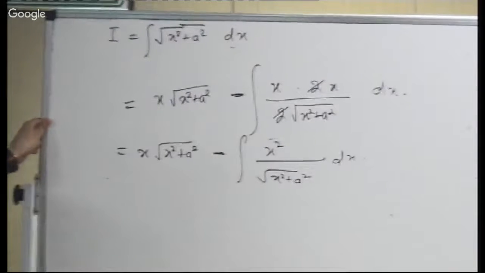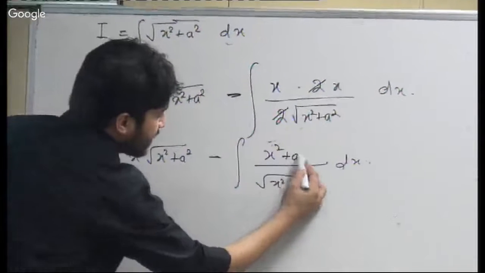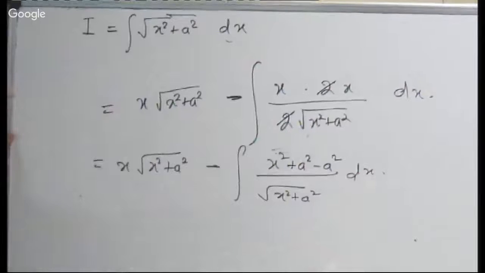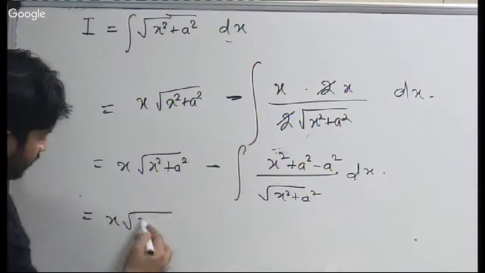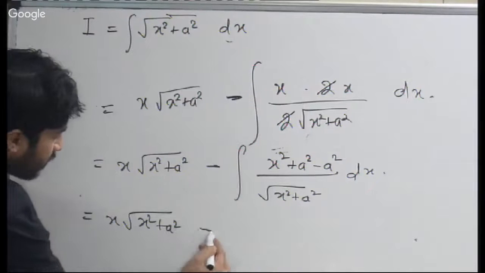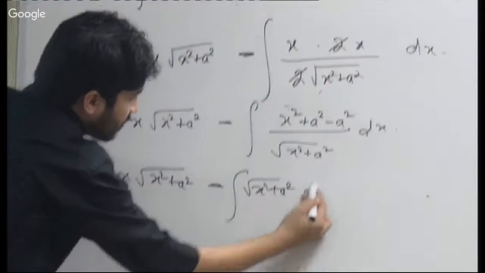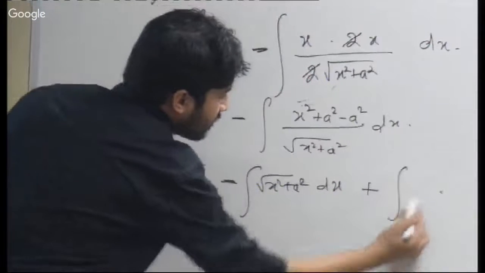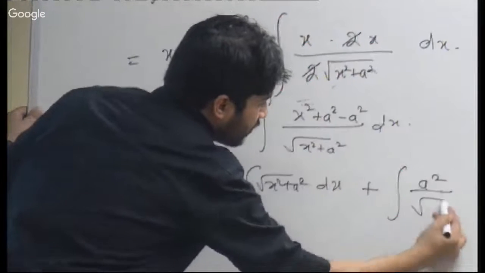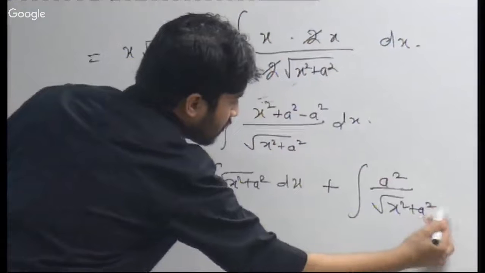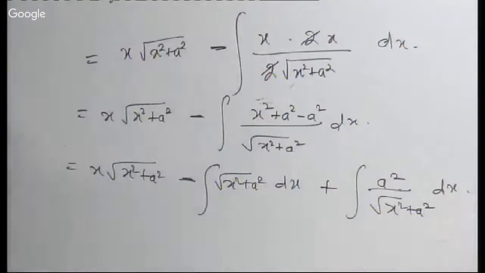I can write this as x square plus a square minus a square. Clear? So I can say that x into under root x square plus a square minus under root x square plus a square, plus a square upon under root x square plus a square.